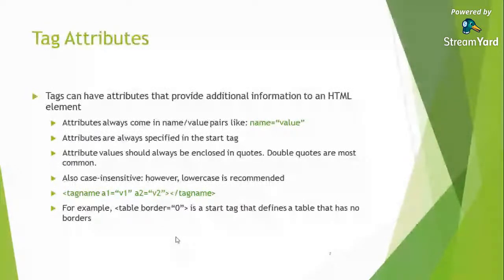Now next, what is a tag attribute? For example, we have used only basic tags like html, head, title, body. Above these, there are a lot more tags, and whenever we use a tag, it has some special meaning. Each and every tag has some special meaning.